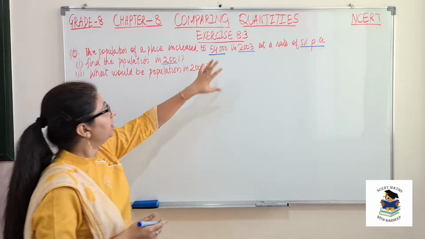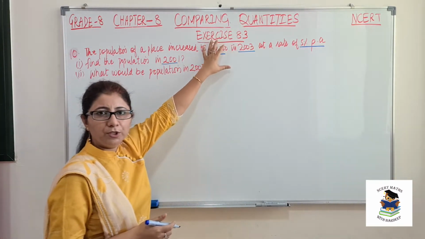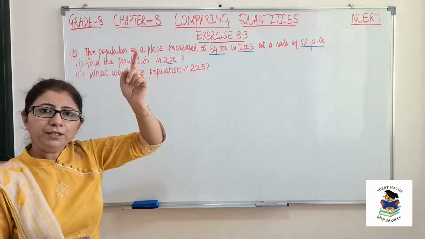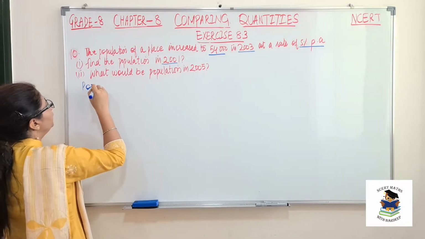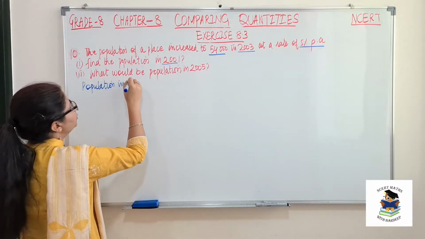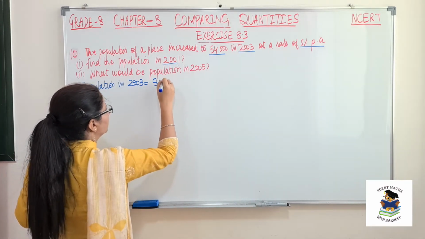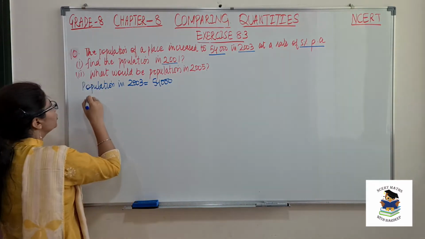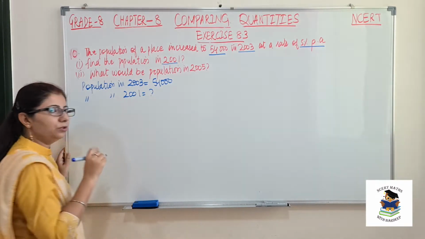Here the final value, that is the population in 2003, is this. We need to find our initial value. So the population in 2003 is 54,000. The population in 2001 I need to find.